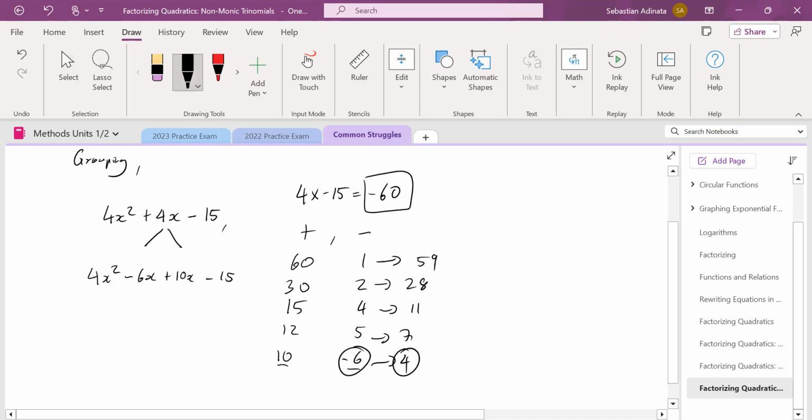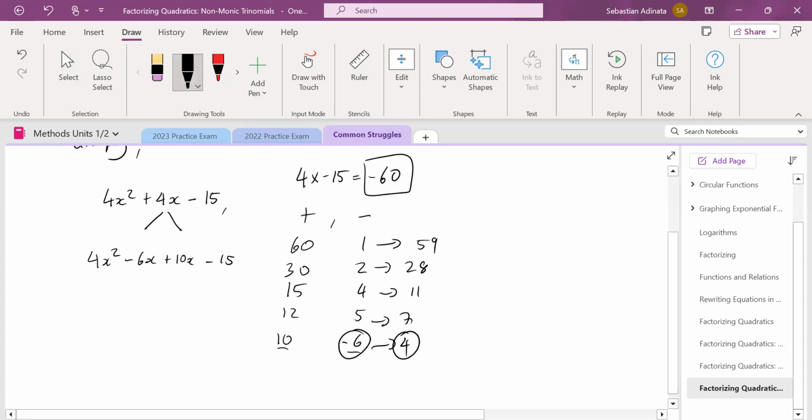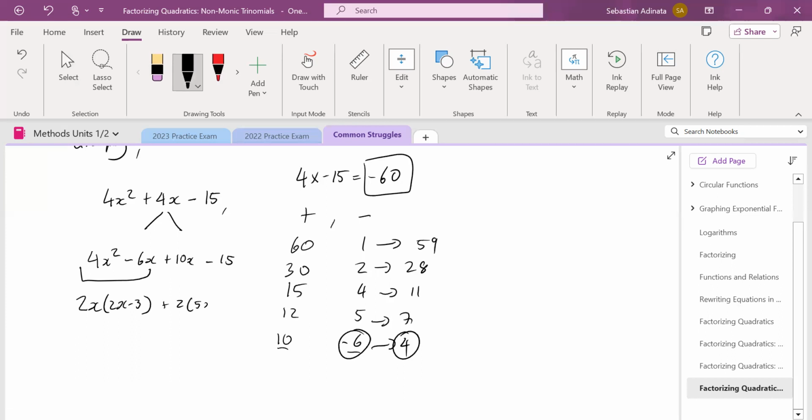Now, we're going to factorize the left side and factorize the right side. So from here, this looks like a highest common factor, minus 3. Now, this again is also highest common factor. Sorry, and it's going to be 5 times 2x minus 3.